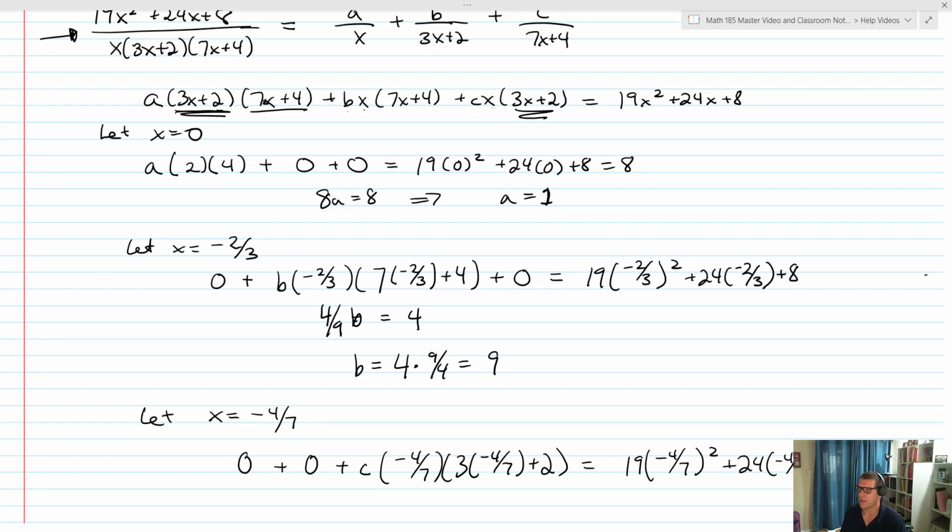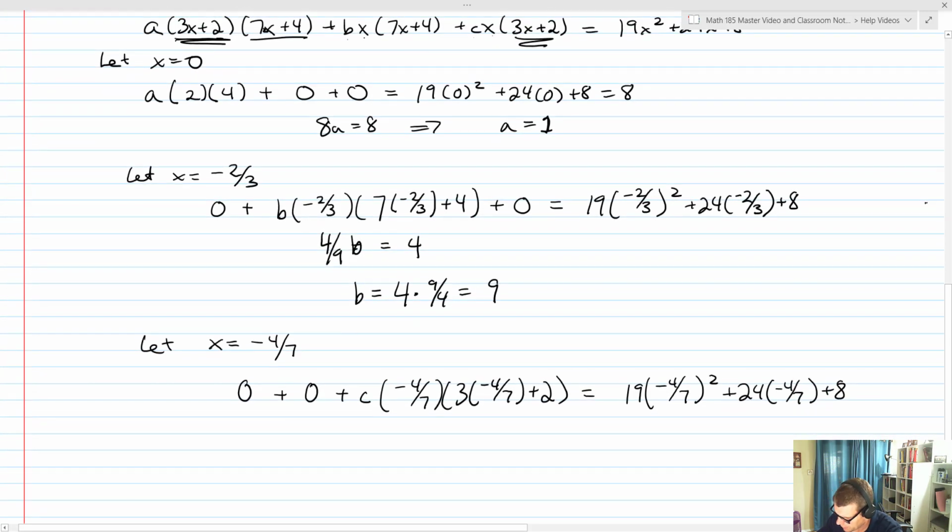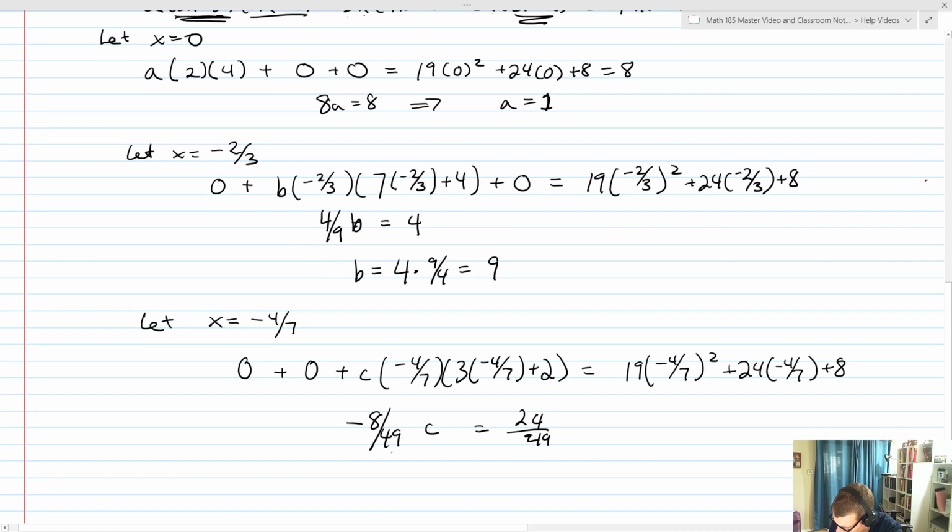After a little bit of fraction work, what do we end up with? We end up with -8/49 c equals 24/49. And so c is going to equal 24/49 times 49/-8, which equals -3. And that is c.